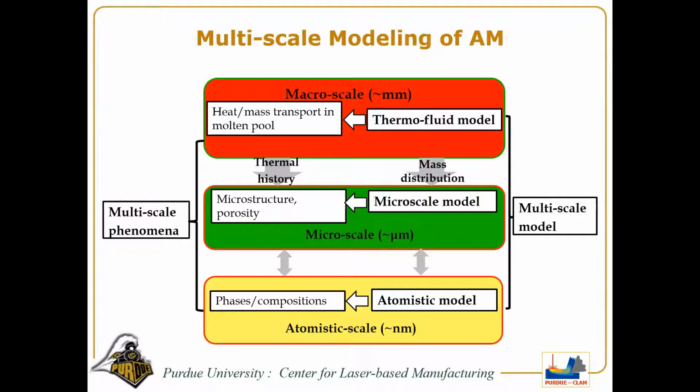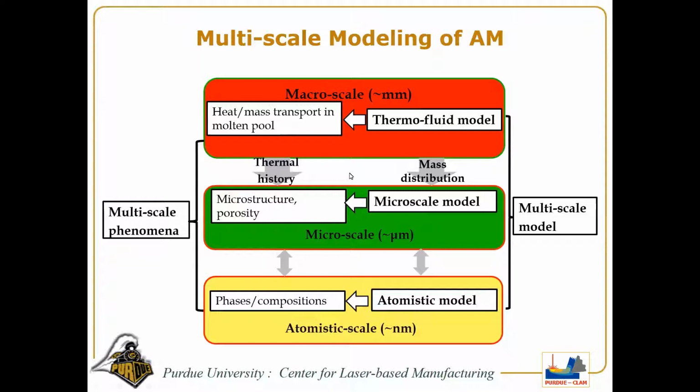But if you're trying to predict the microstructure, grains, and texture, it's more of a micro scale. We're dealing with some models at the micron level. If you're talking about phases and composition, you have to do the work at the atomistic level.